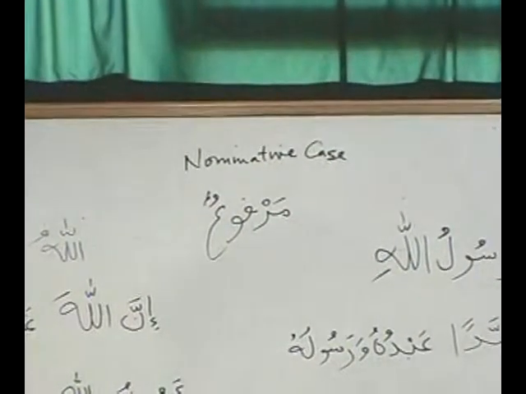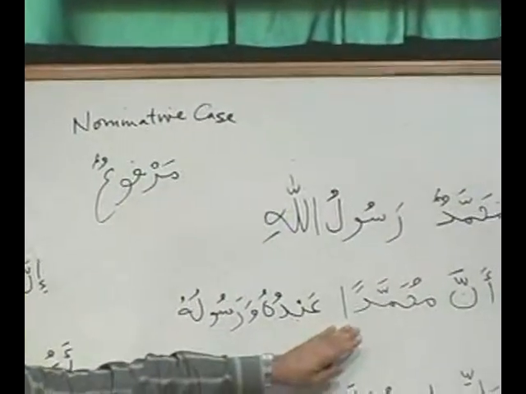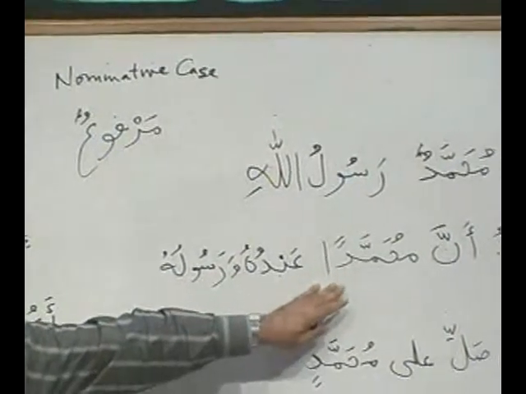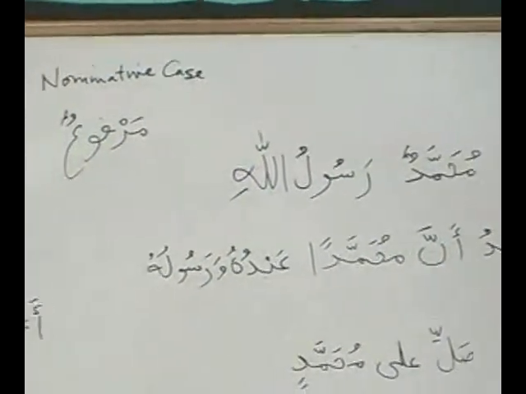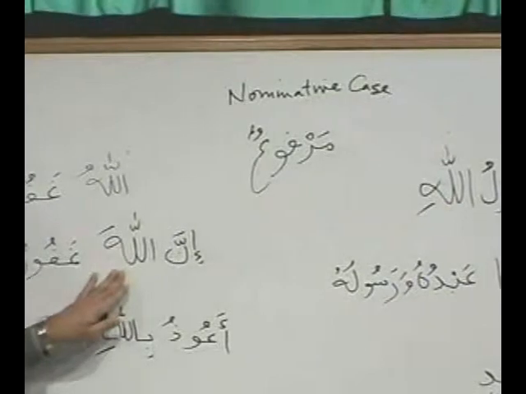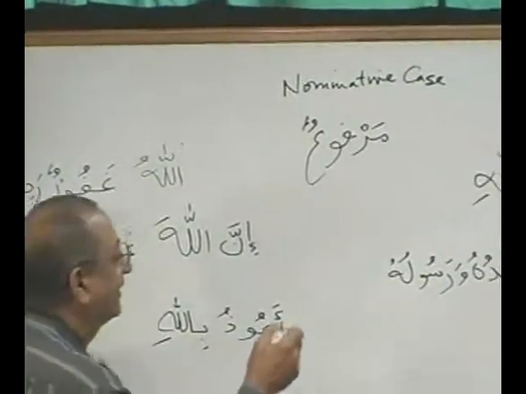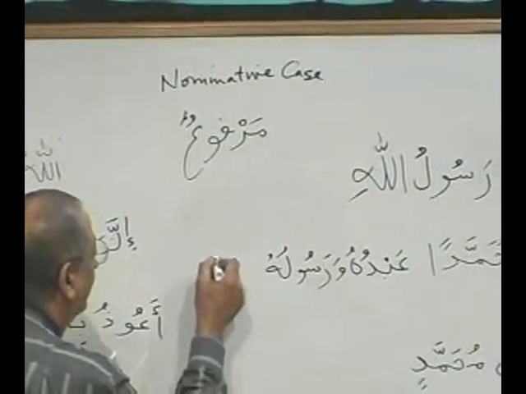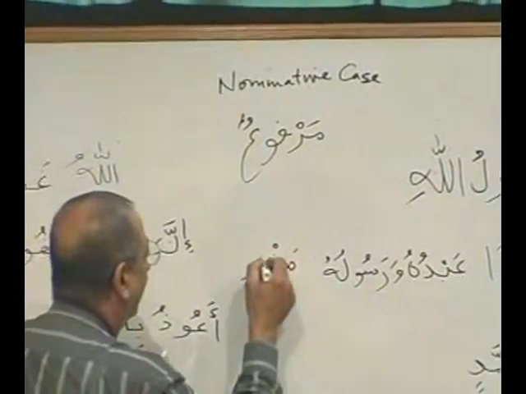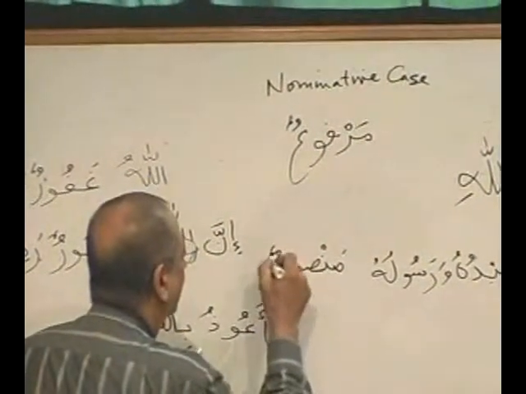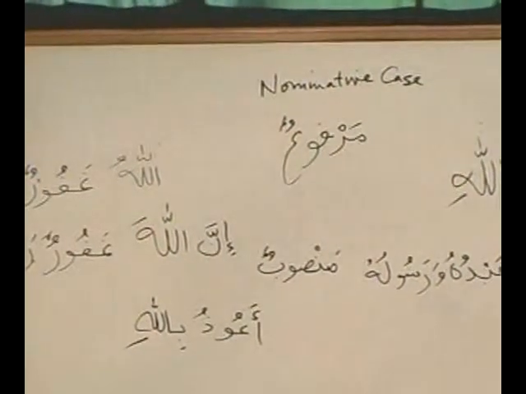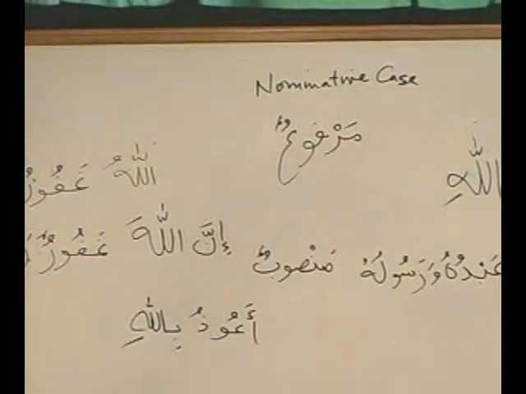Now if the noun ends with a fatha, be it a tanween or be it a one single fatha at the end of a noun, then we say it is mansoob. What is it, brother?